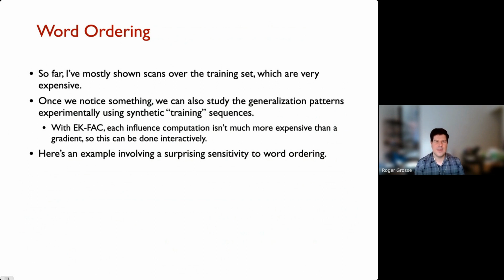We can try to experimentally test hypotheses about the generalization patterns. And unlike the results I showed previously, this is very cheap to do if you're using EKFAC to compute the influence functions. Each iteration is about as expensive as a gradient computation, so you can interactively try lots of different sequences and observe the results.